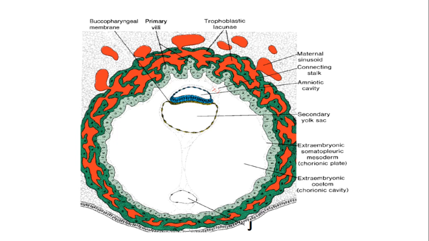Then I is simply the extra embryonic coelom, which can be said as the chorionic cavity. Then J, which is new here, is simply the exocoelomic cyst.